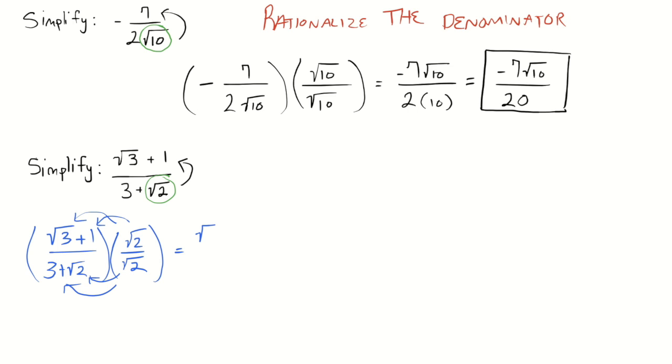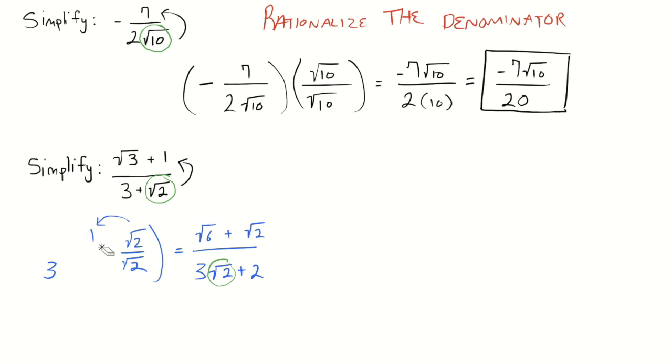So I'm going to get rad 6 plus 1 rad 2 over 3 rad 2 plus rad 2 times rad 2, which is just 2. So not only is there still a radical in the denominator, but overall the thing looks even worse than it did before. So this is what we're not going to do, and I'm going to erase it.